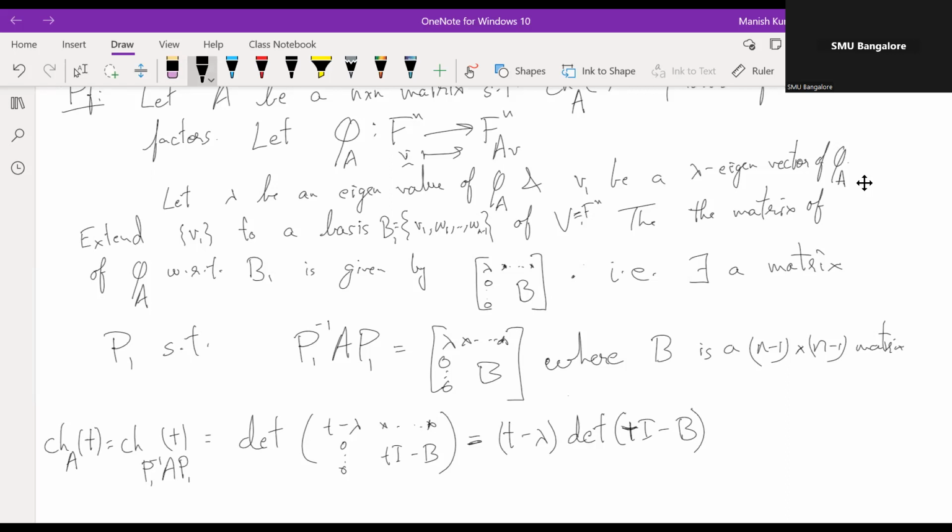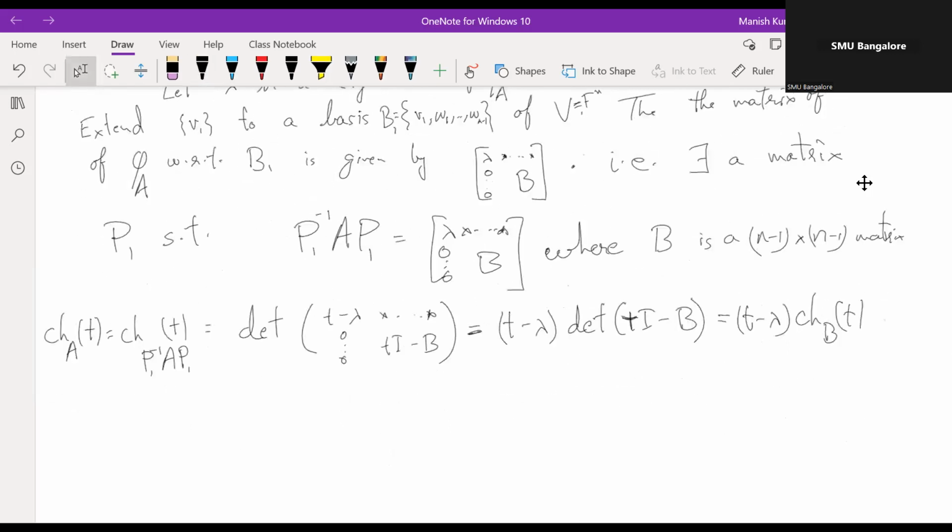The second factor is precisely the characteristic polynomial of B. So this is T minus lambda times the characteristic polynomial of B. Since the left-hand side is a product of linear factors, the right-hand side must be a product of linear factors as well. Hence the characteristic polynomial of B is a product of linear factors.